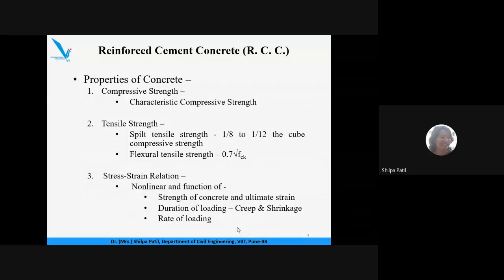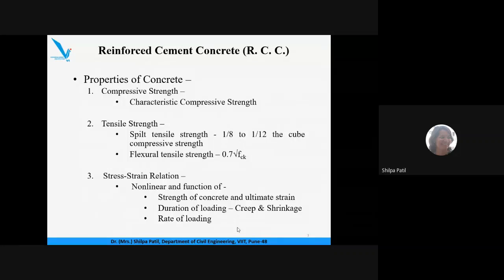In short, whenever you want to study a material, you have to plot its stress strain curve. So today we will focus on the stress strain relation of concrete as well as steel.